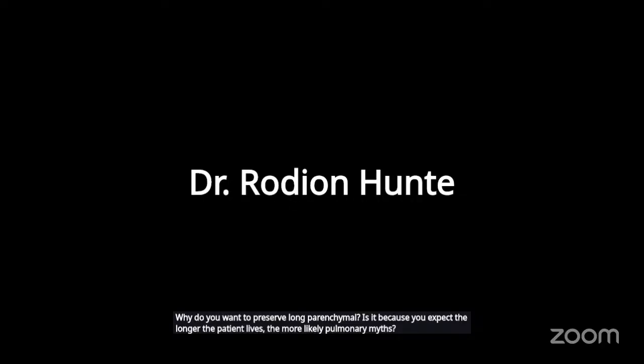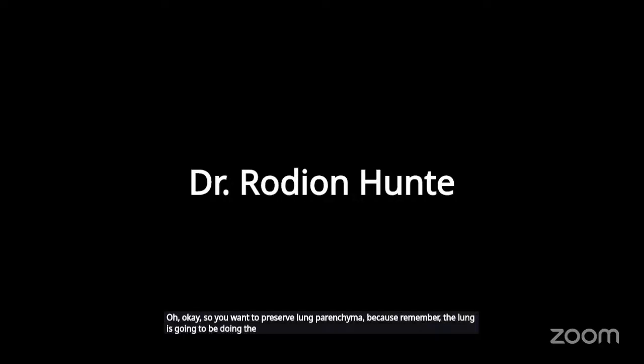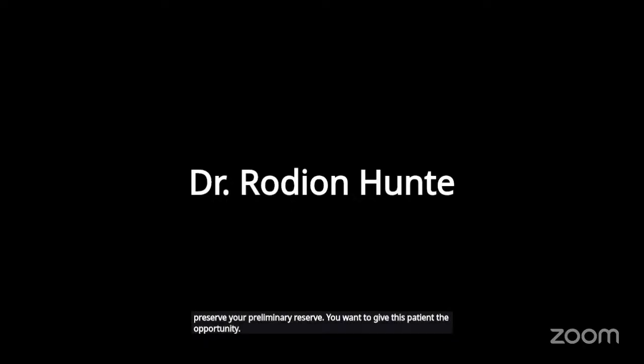Oh, okay. So you want to preserve lung parenchyma because the lung is going to be doing the work of respiration. So you want to preserve your pulmonary reserve. You want to give this patient the opportunity to still have as normal a life after the operation, respiratory-wise, as possible.